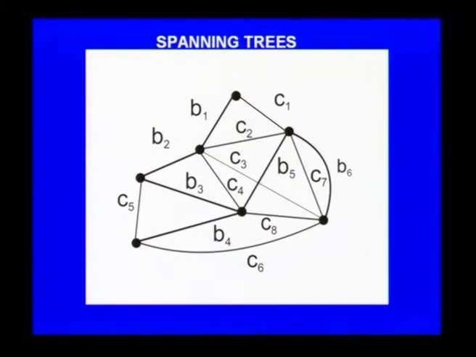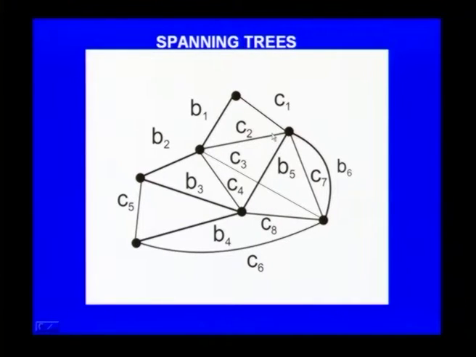Look at this graph. It is a graph and a subgraph of that. Some of the edges are labeled B and some of the edges are labeled C. How many vertices are there? 1, 2, 3, 4, 5, 6, 7 vertices. Look at the edges B1, B2, B3, B4, B5, B6.